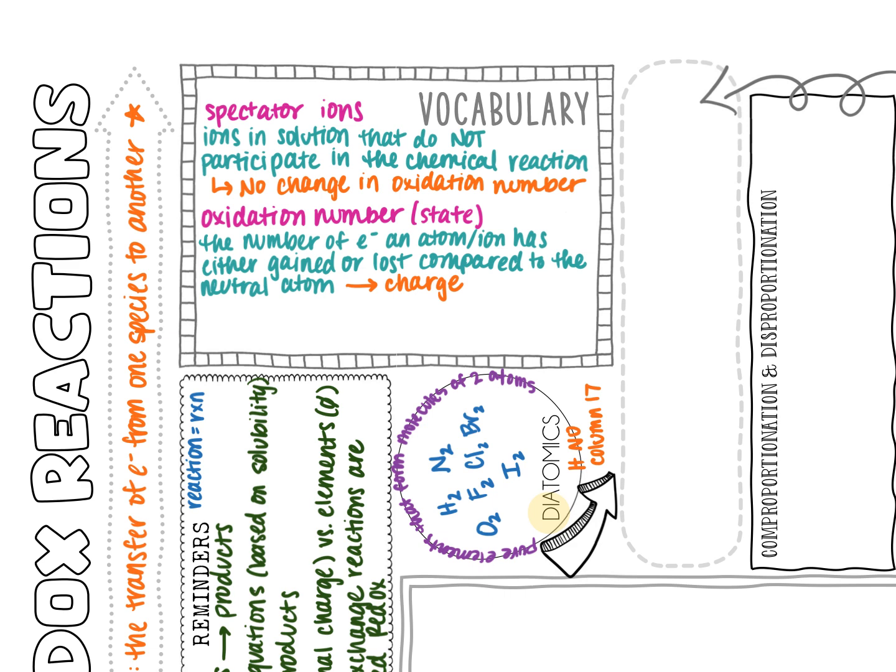So, the oxidation number is basically just a fancy word for the charge. There are some exceptions, but when we get to identifying those oxidation numbers in a bit, you'll see where it might differ slightly from the charge.